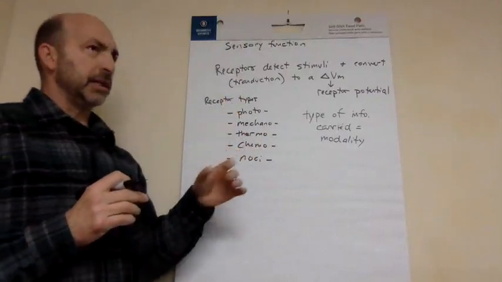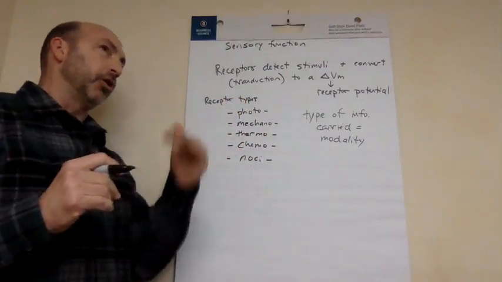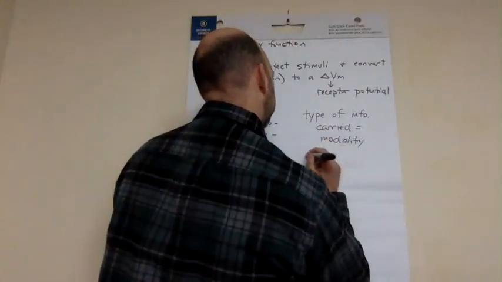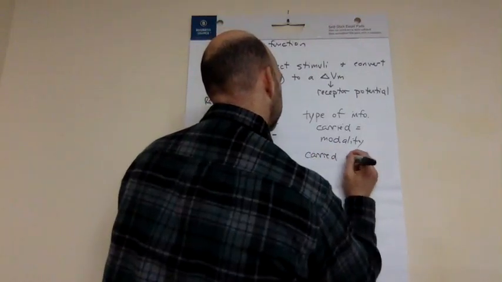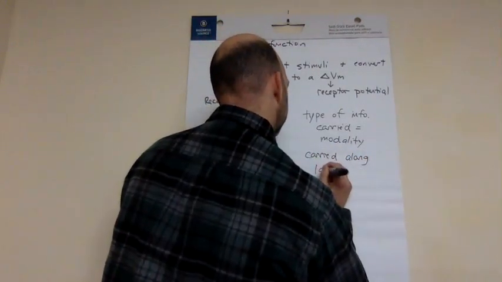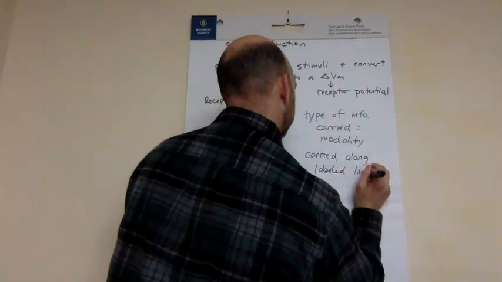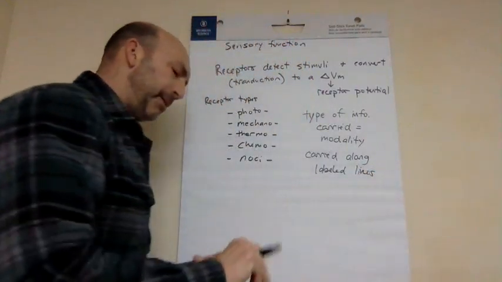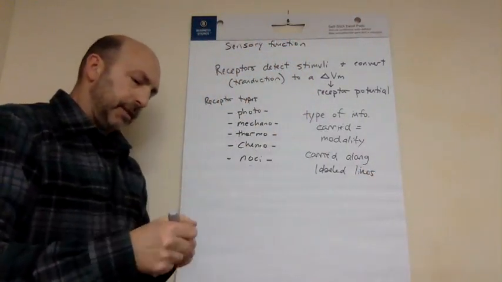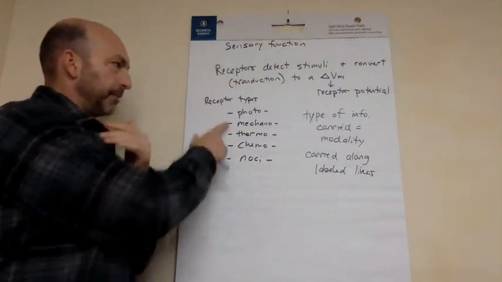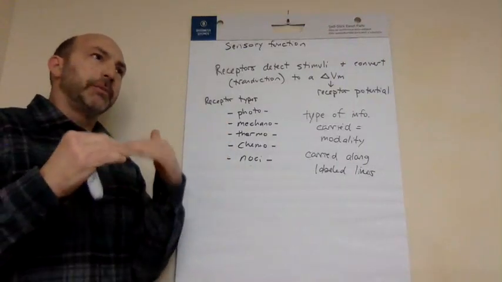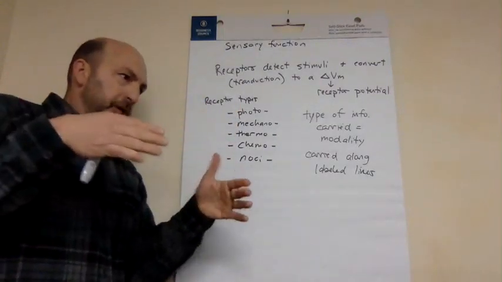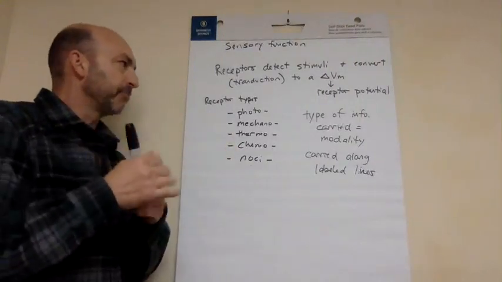So each type carries a single modality, and they carry that modality along what's called a labeled line. Right? Labeled lines, so this is sort of like saying, your photoreceptors in your eye, right, are only receiving, and they have filters, lenses and things like that that help funnel that light information to those photoreceptors at the back of your eye.